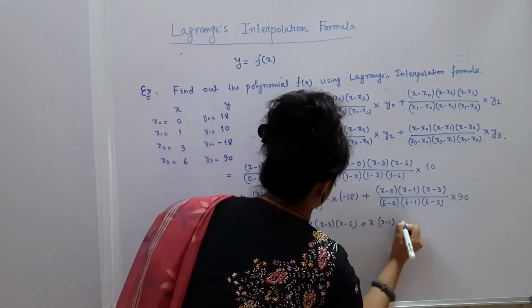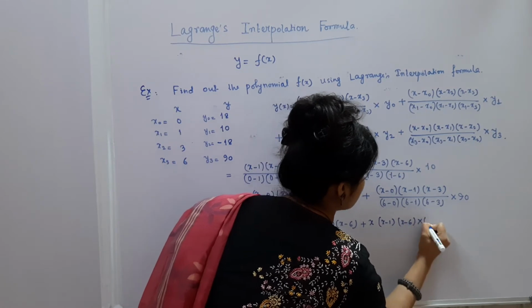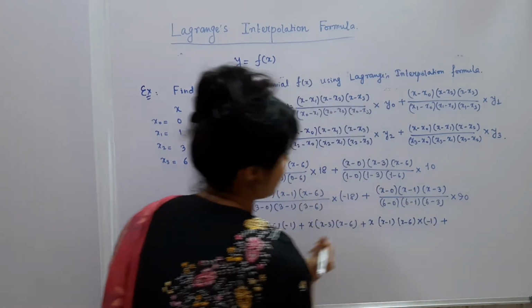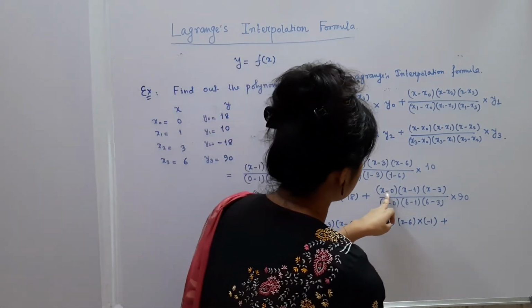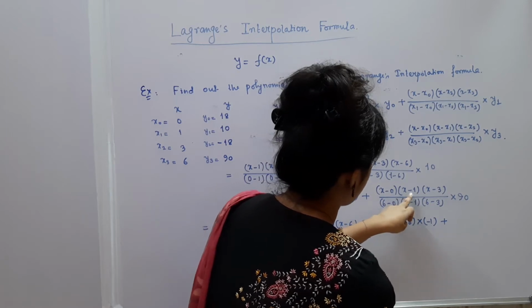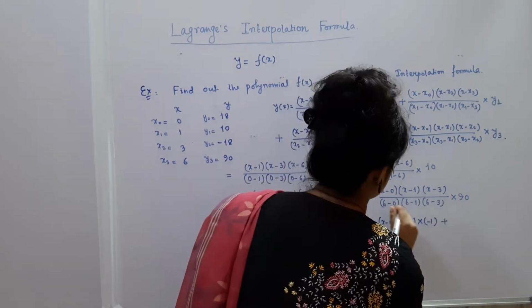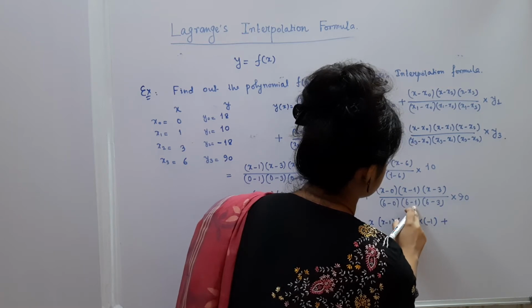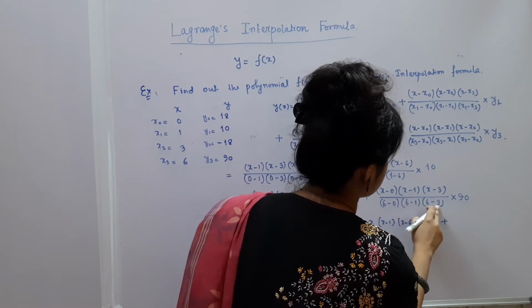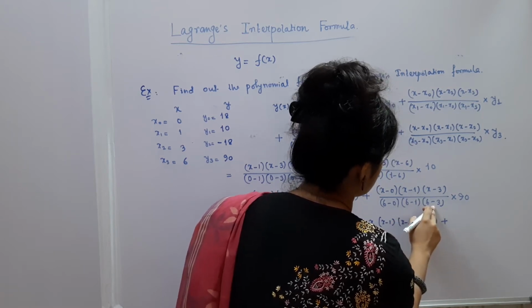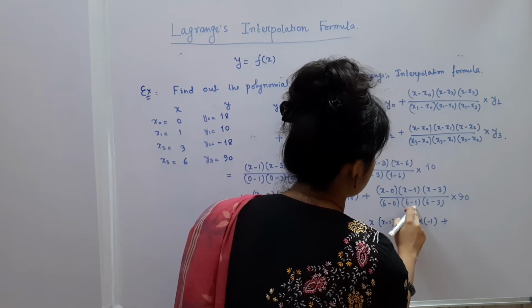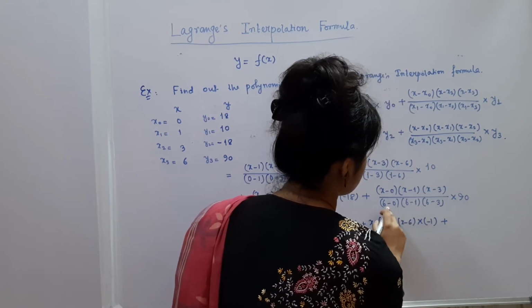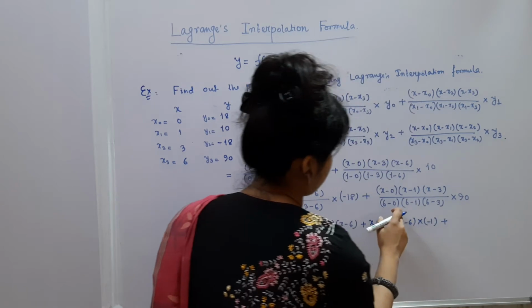So x minus 1, x minus 6 into minus 1, and in the last term look at that, that is 6, this is 5, and this is 3. So 3 into 5 is 15, 15 into 6 is 90.